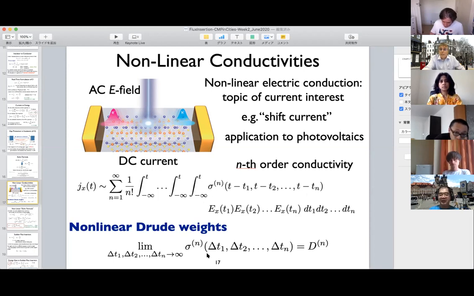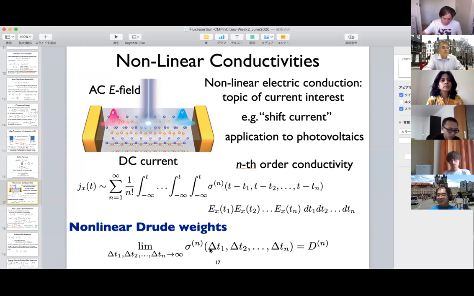And once you have this nonlinear conductivity, you can also define the nonlinear generalization of Drude weights. My notation is not always clear, but I hope it's understandable. Here, the conductivity is a function of real-time delay times. When you send delay times to infinity, in a relaxing system the response would die, so it would go to 0.